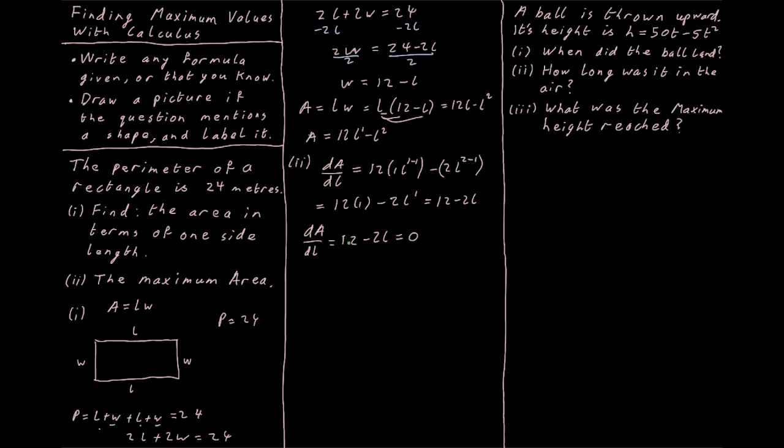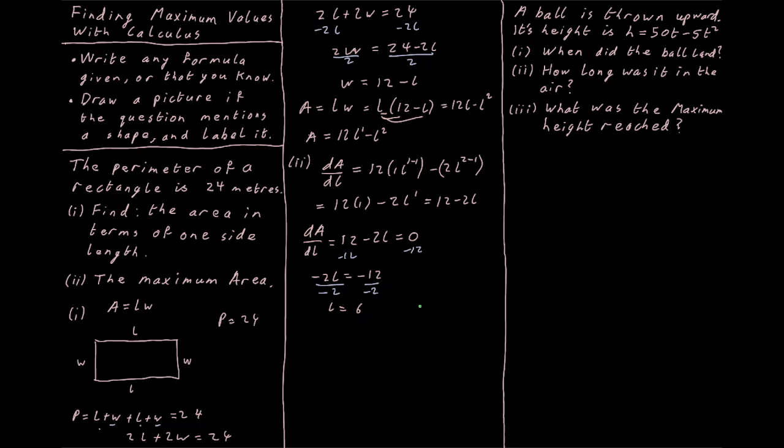So I rearrange my equation to get my value for L. I don't want that 12 there, so minus 2L is equal to minus 12. Divide both sides by minus 2. Minus 2 divided by minus 2 is 1. I now have 1 L is equal to 6. So that is the length that I'm looking for.